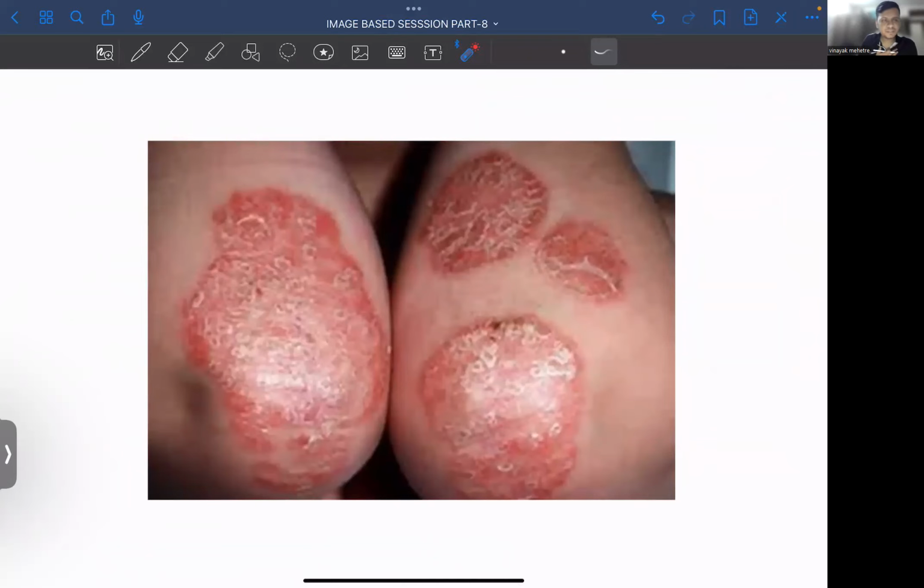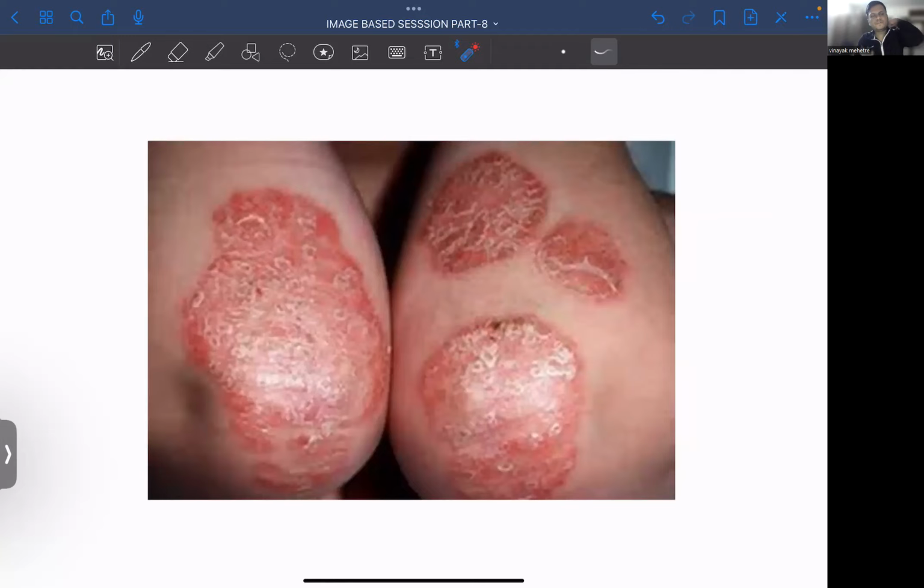I used to remember this lesion personally. It looks vulgar. कुछ समझ नहीं आ रहा है क्या है ये, right? Redness is there. There are silvery scales present. Okay, so मैं इसको याद रखता था. It looks vulgar. And whenever they are going to give the morphological variant, that is vulgaris, psoriasis का जो vulgaris variant है, they are going to give the image of elbows.